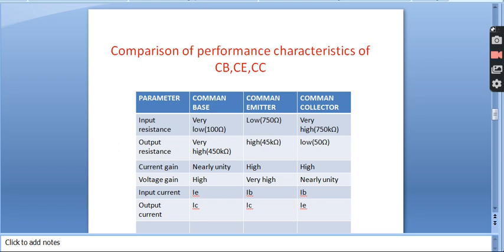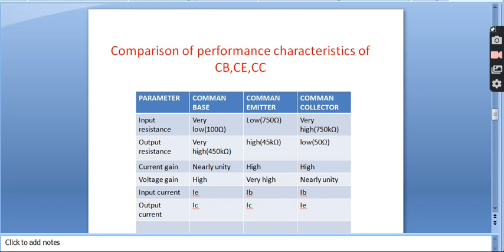In the same way, cutoff region means both the input junction and output junction are in reverse bias, and then the transistor is in cutoff region.